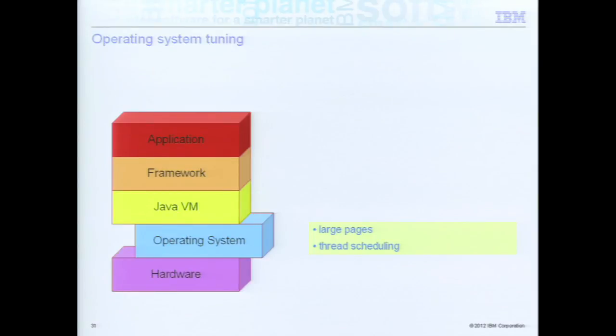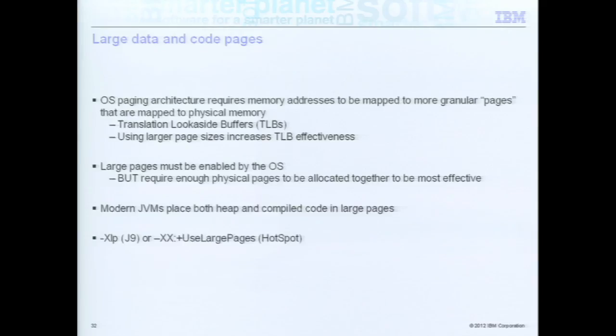The next layer here is the operating system, and there's a couple of things I just want to point out. One thing that is particularly good for performance and good for eliminating bottlenecks in your transactions these days is to optimize the memory that's actually being used. Actually all operating systems these days use some kind of a paging approach.